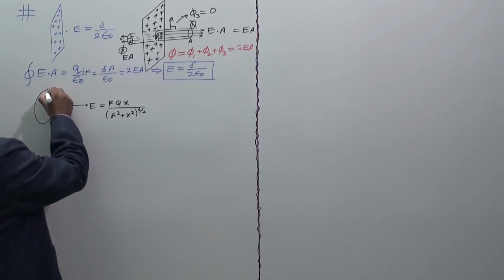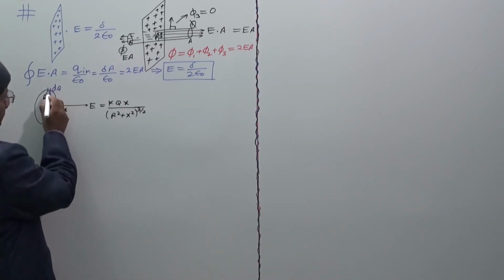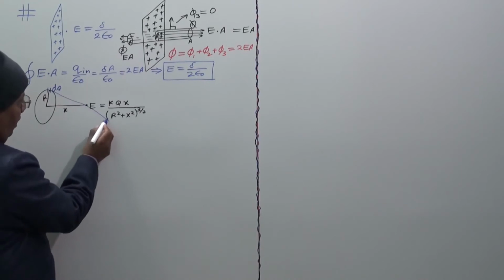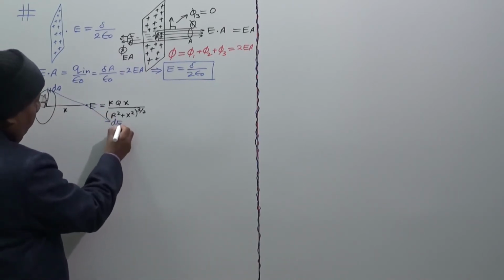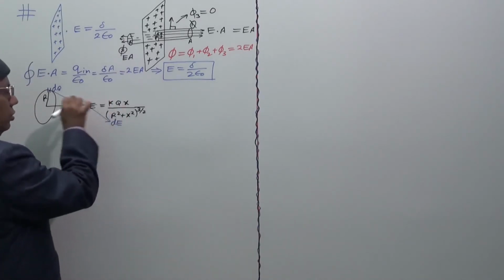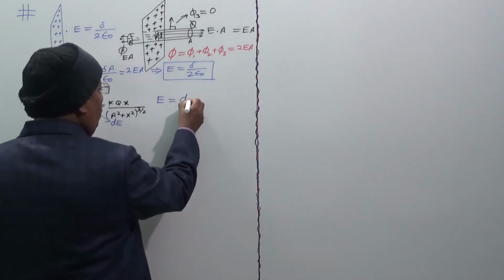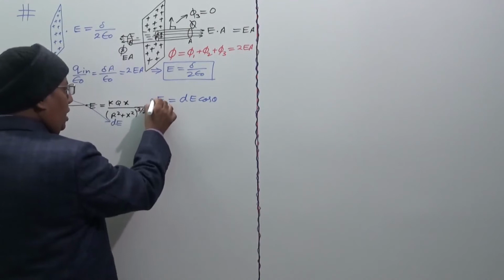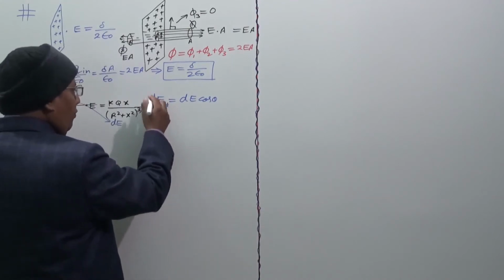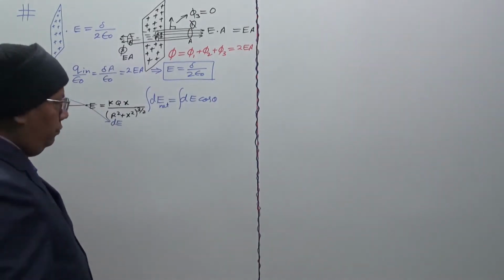Take a small segment here as dq. Then due to this dq, an electric field will be in this direction. So this will be dE. So along the axis, electric field will be equal to dE cos theta, dE net. If you integrate here, you must integrate here also.